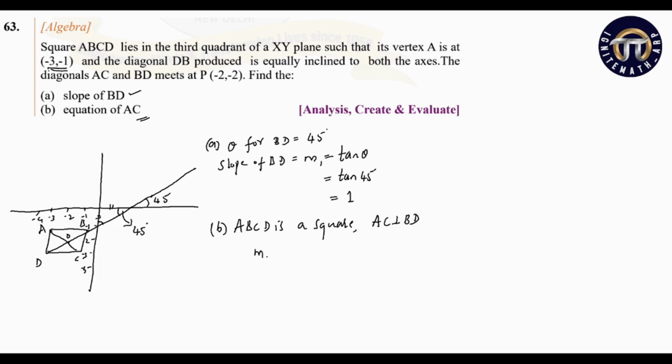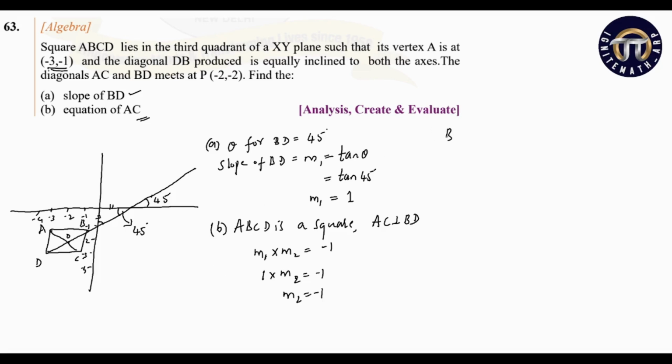So slope of BD, I'll just take it as m1. Slope of BD into slope of AC is equal to -1. So I know slope of BD is 1, into m2 is equal to -1. So I get m2 is equal to -1.